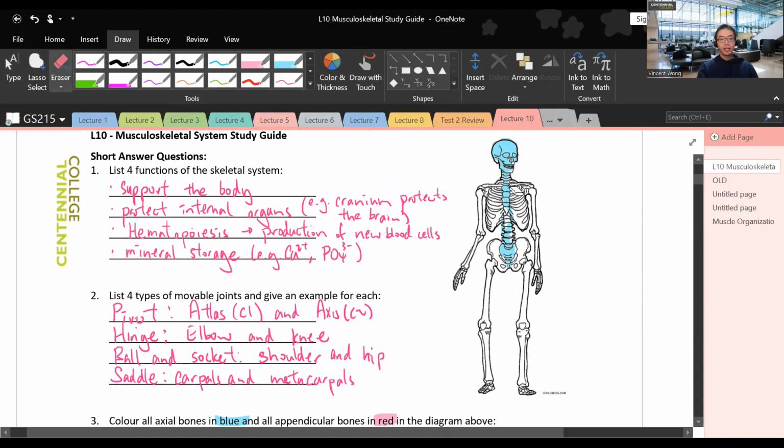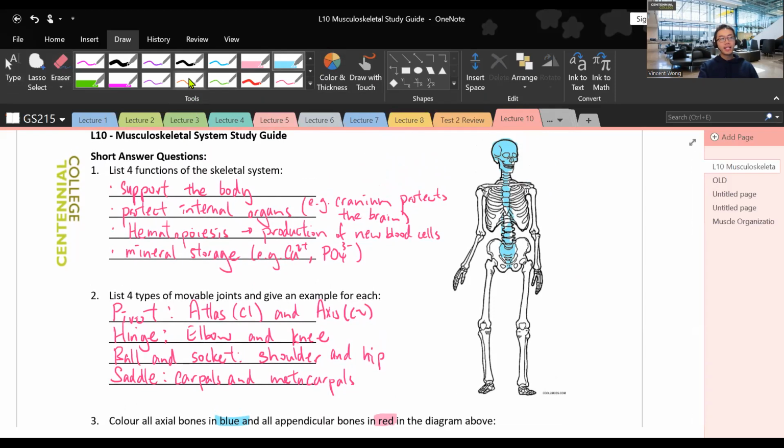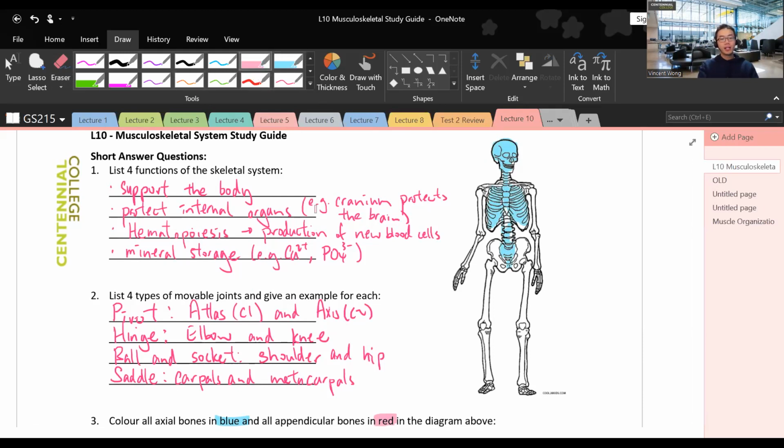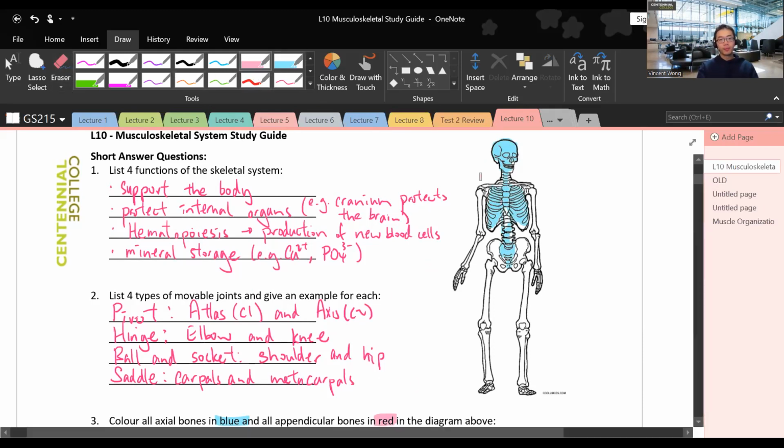Right, so everything here is the axial bone. And the rib cage as well, of course. Everything else that attaches onto this main core frame, that is the appendicular.